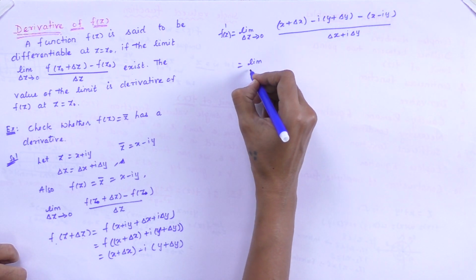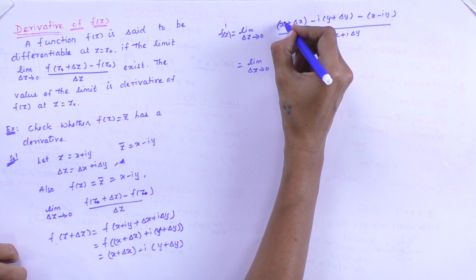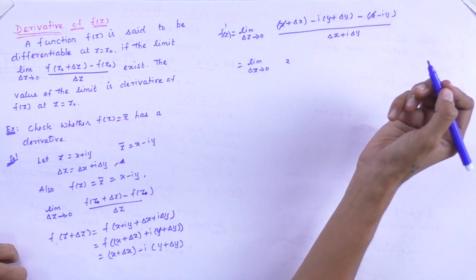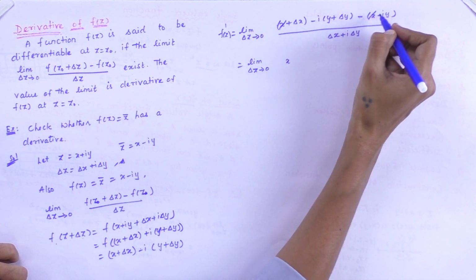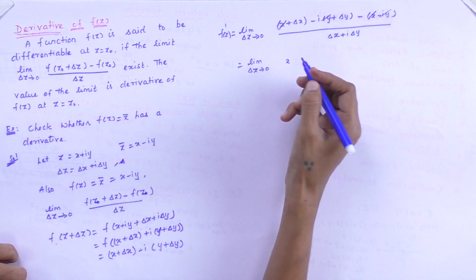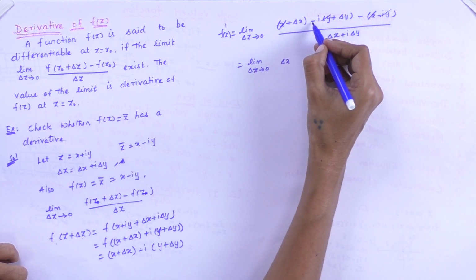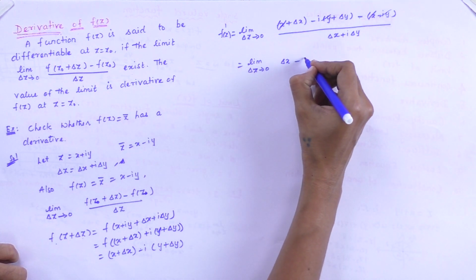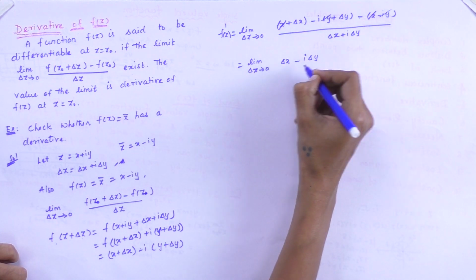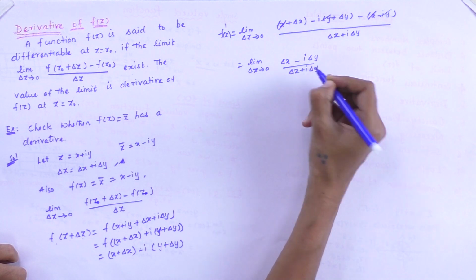So as delta z approaches 0, this x and this x get cancelled, then minus into minus is plus, so this plus iy and this minus iy get cancelled. The remaining is delta x minus i into delta y, and in the denominator we have delta x plus i into delta y.